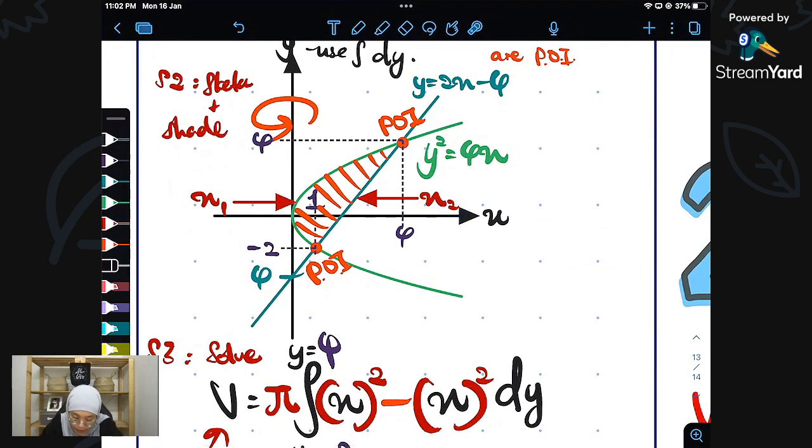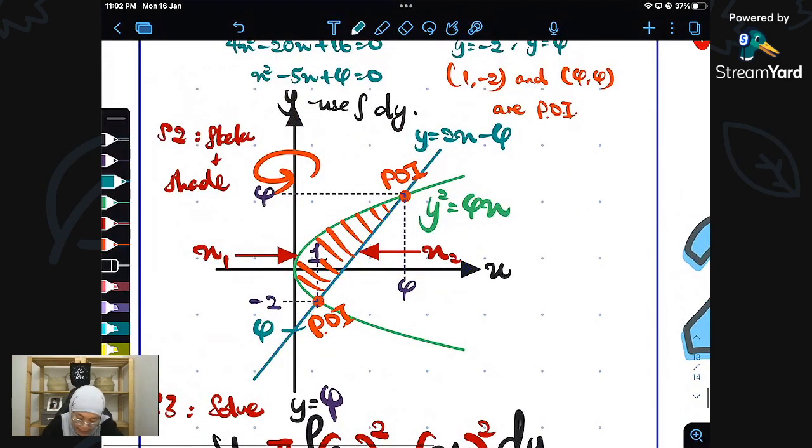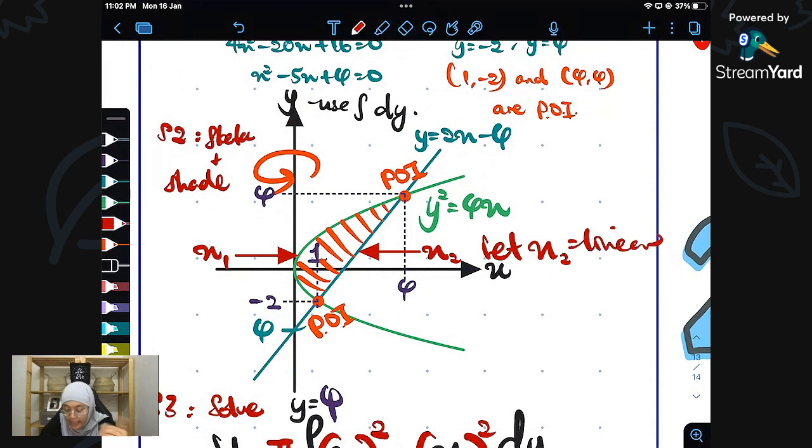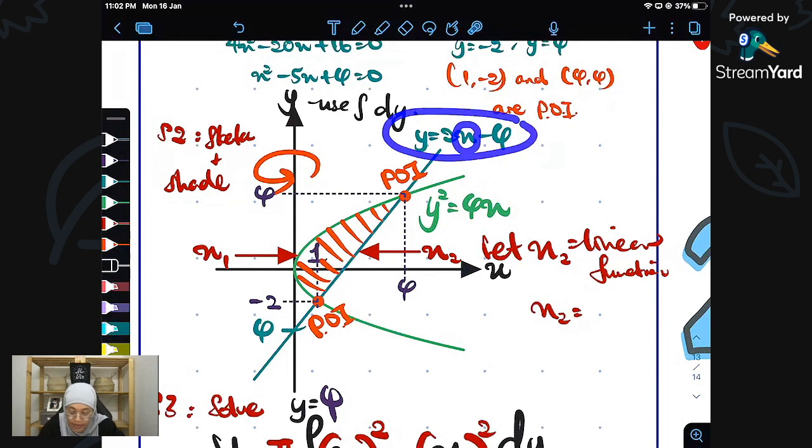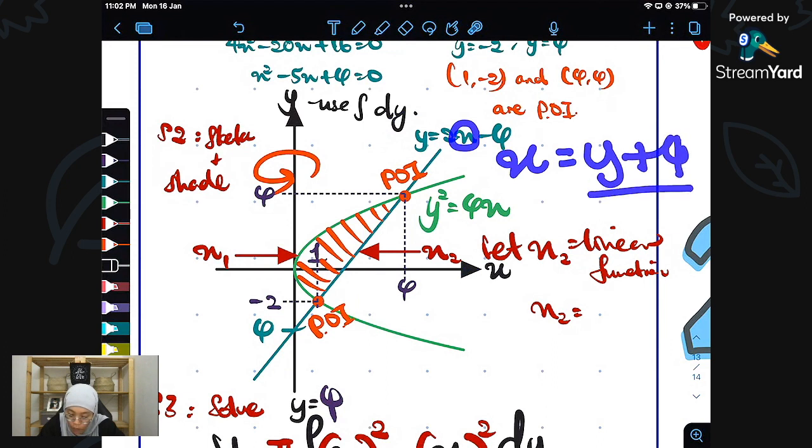So you can choose your own preference, okay? I choose the linear one sebagai x2. I let x2 as my linear function. Okay, therefore my x2, I need to rearrange this thing lah. This is my linear, right? So I need to rearrange this x menjadi sebagai subject. So it will give me y plus 4 over 2.